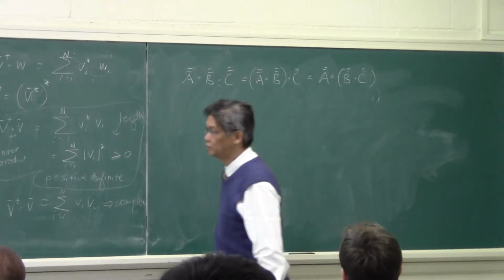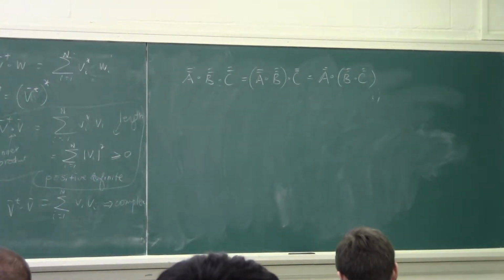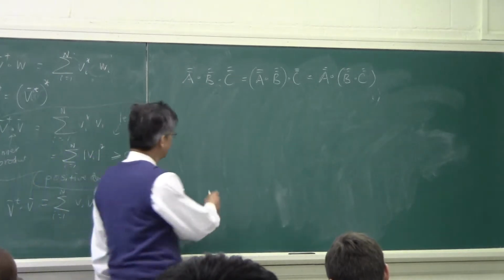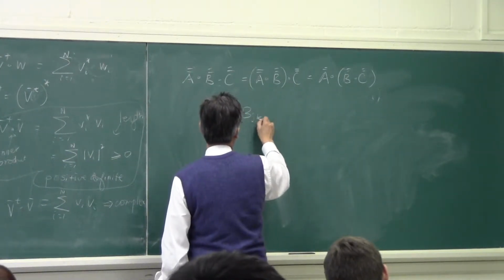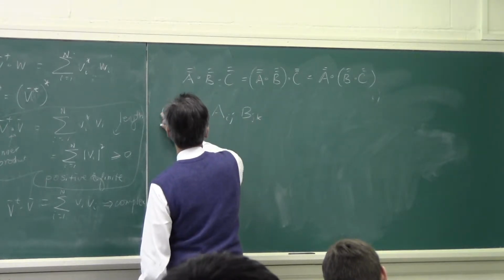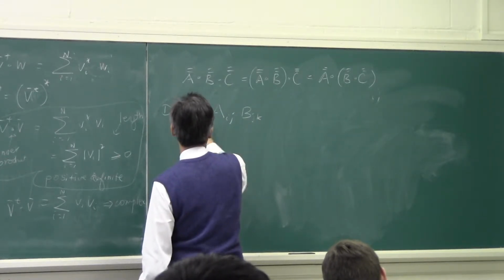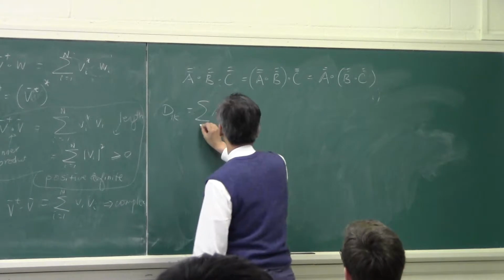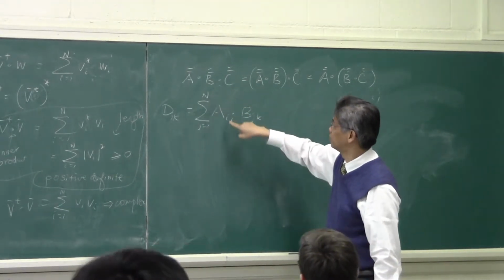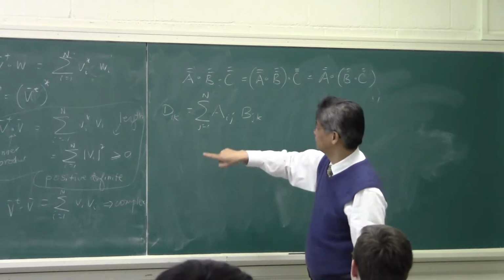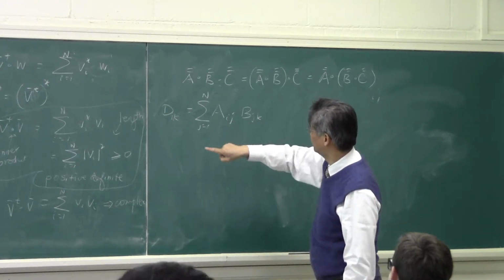You can actually prove this very easily by using this notation for matrix product. You can say A_ij, B_jk. If you say D_ik, if I were to sum this over j, if I define a matrix product to be that, it is just an extension of a matrix vector product.